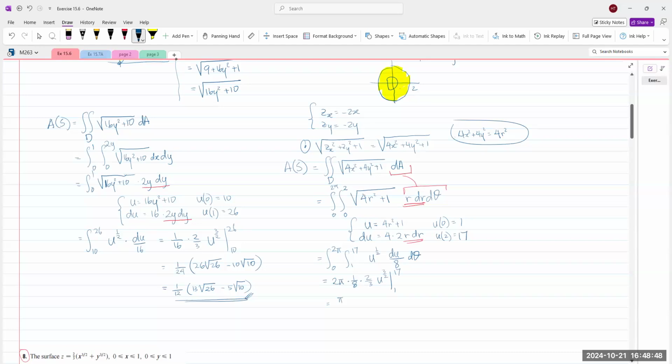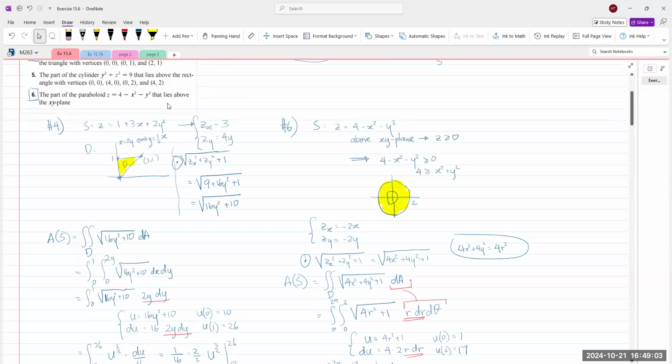So that's pi over 6 times 17 square root of 17 minus 1. That's the surface area of the paraboloid.